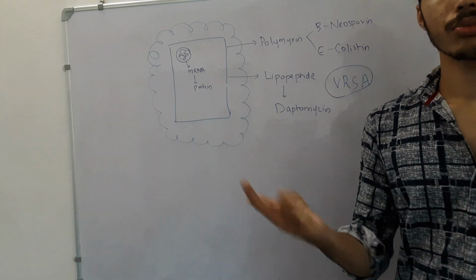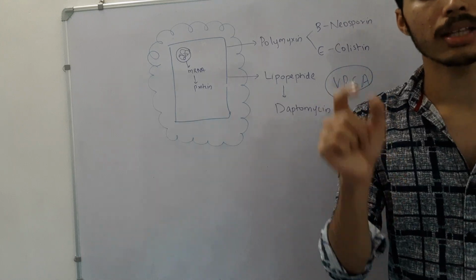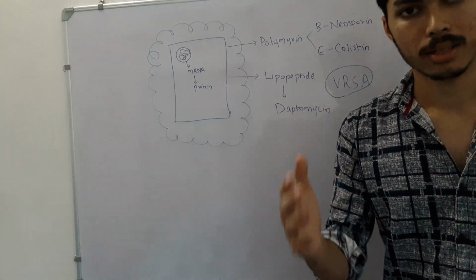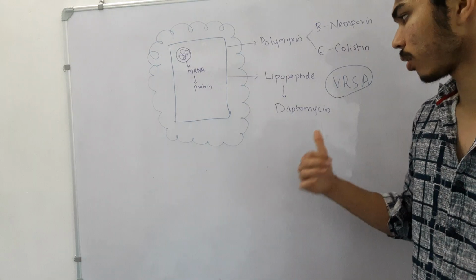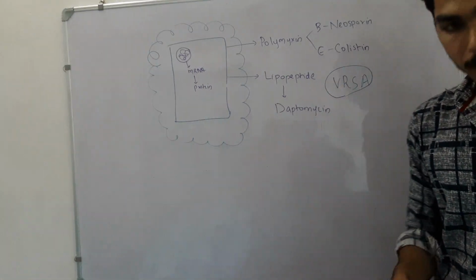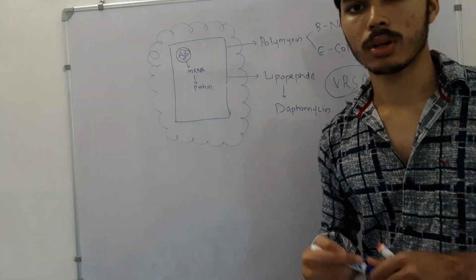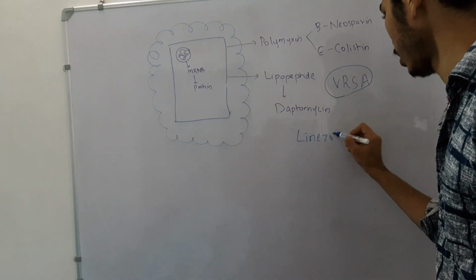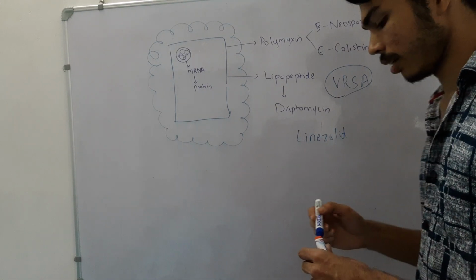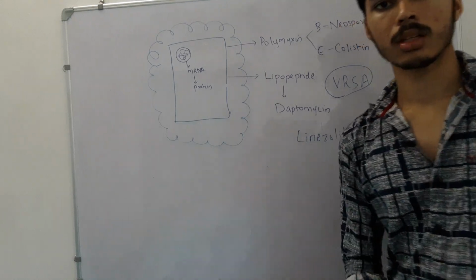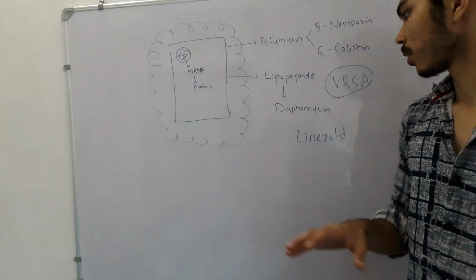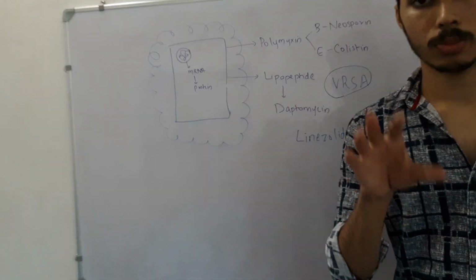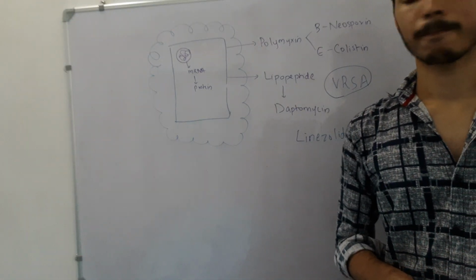So in case of pneumonia caused by vancomycin resistant Staph aureus, this is not the drug of choice. In that case, the drug of choice is linezolid. So in case of pneumonia, you must not use daptomycin.